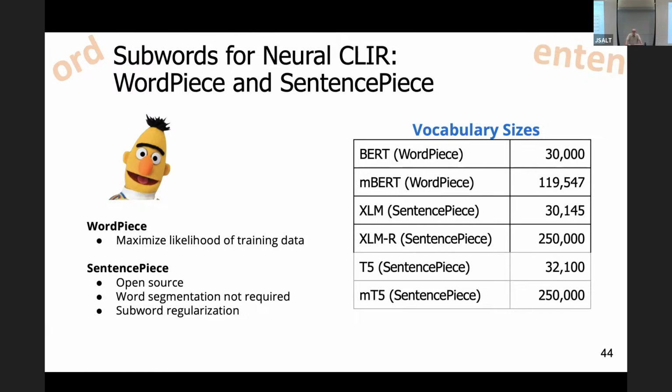In contrast, sentence piece doesn't require you to find the word boundaries. Decisions like that are going to control what it means to be the best breakdown. And sentence piece actually does a bunch of other stuff to try to have a unique tokenization and to make sure you're getting an efficient breakup of the word.